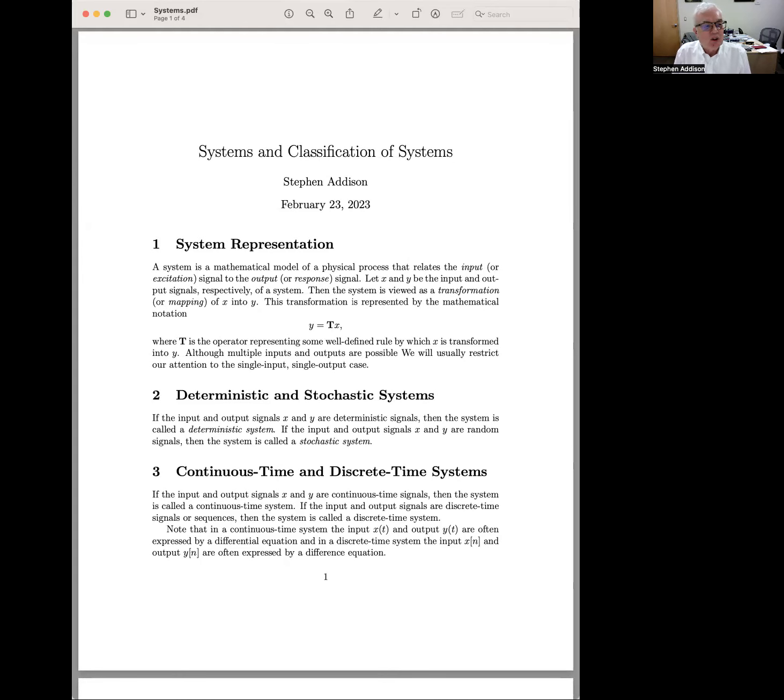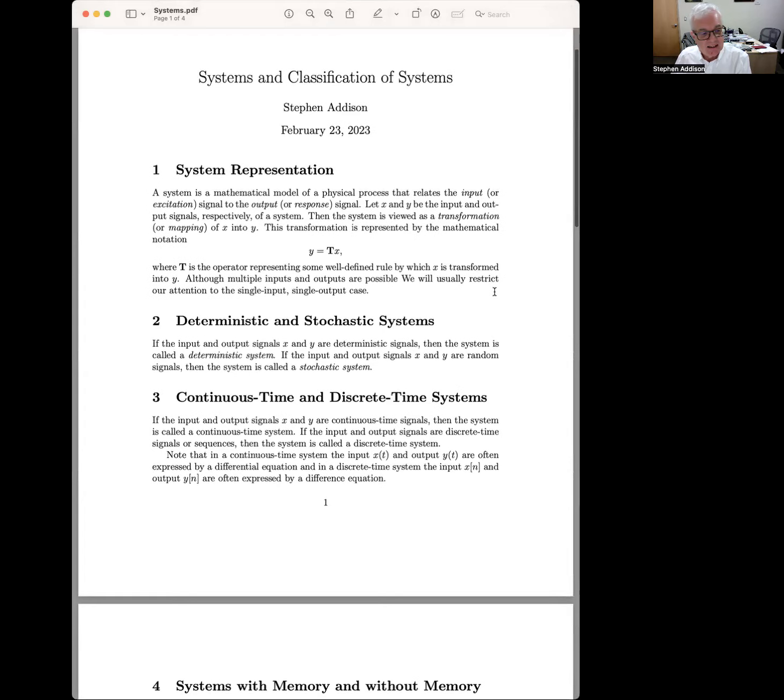Anyway, so this basically is the end of chapter 4. I'm not going to read this set of notes to you. It's basically the summary of the major statements in the latter half of the chapter about how we classify systems. I remind you of what the system representation looks like, and then I go through the difference between a deterministic and a stochastic system.